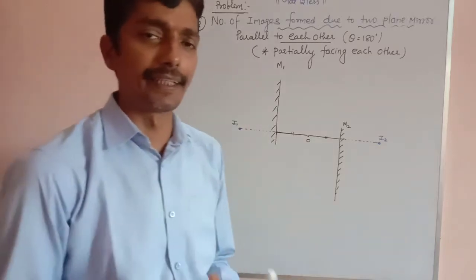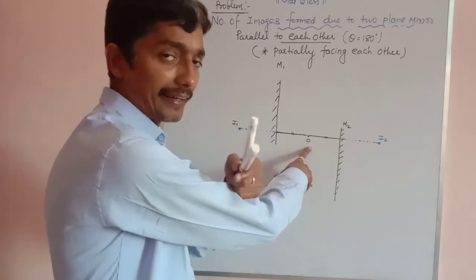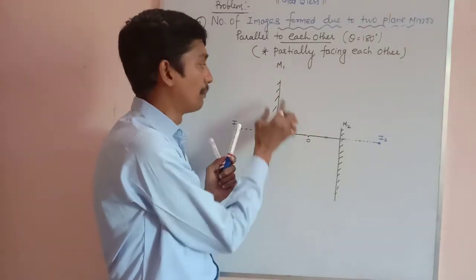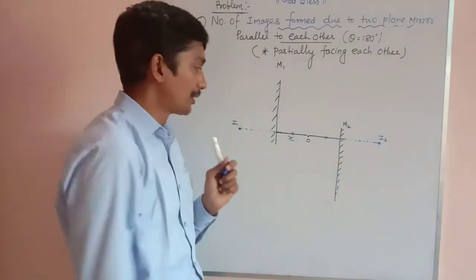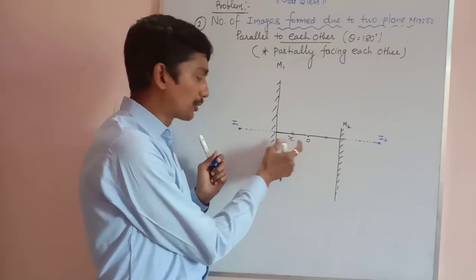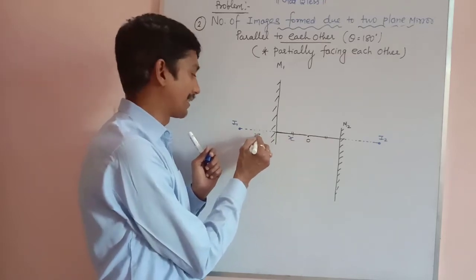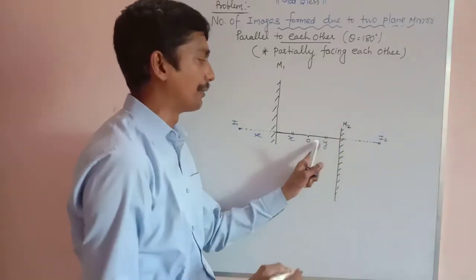Now let us complete the ray diagram, because as I told you, from the point object, again I repeat, here is the point object. Let it be at x distance from mirror M1, right? Is that clear? So at whatever distance it is, at that distance the image will form inside the mirror, that is at x distance. Similarly, let it be at y distance from mirror M2.